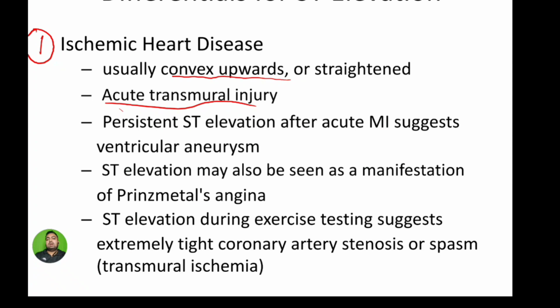Persistent ST elevation after acute MI shows ventricular aneurysm, known as ventricular aneurysm pattern. This ST elevation may also be seen as a manifestation of Prinzmetal's or variant angina, and ST elevation during an exercise test suggests extremely tight coronary artery stenosis or spasm, because of transmural ischemia.